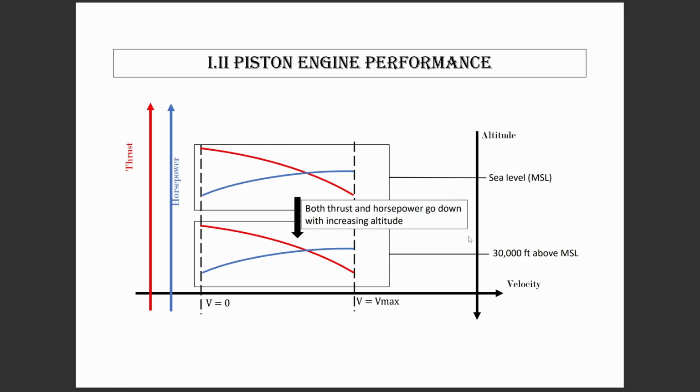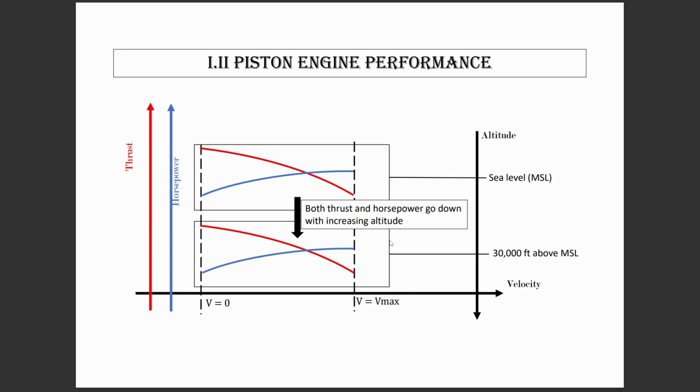Now, if less manifold pressure is available because the outside pressure is decreasing rapidly, the engine performance is going to go down. So this behavior with regards to speed is also found when we fly at higher altitudes. However, the overall performance output with regards to horsepower and thrust are going to be lower than at a lower altitude. Bear in mind that the altitude increases downwards to show that we have lower performance values as we go higher. Okay, this is important to remember.